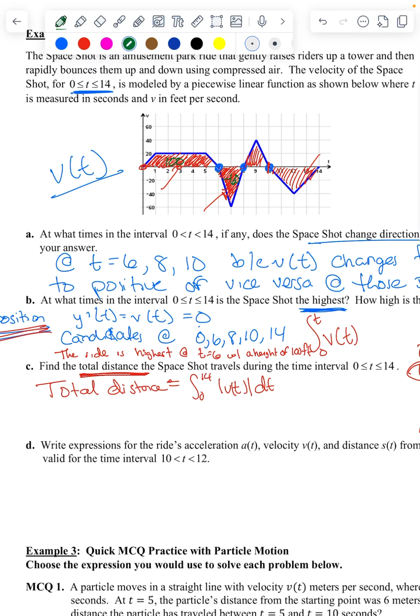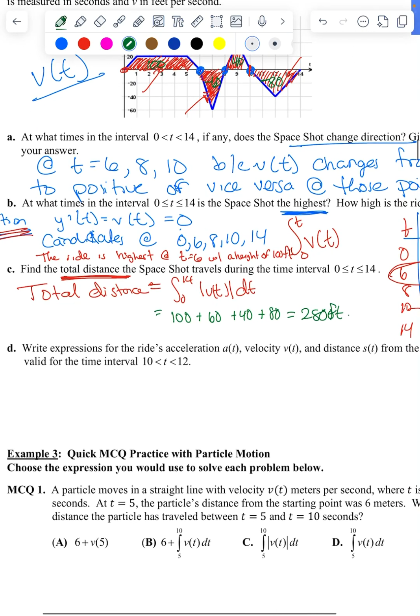This one was positive 40, and this one was negative 80. Well, when you take the absolute value, you're going to say that the integral from 0 to 14 is 100 plus 60 plus 40 plus 80, and that gives us 280 feet.